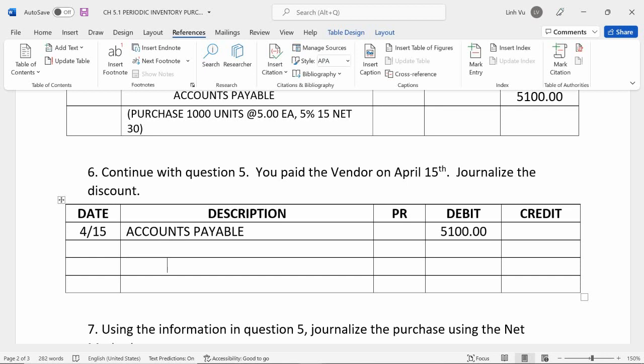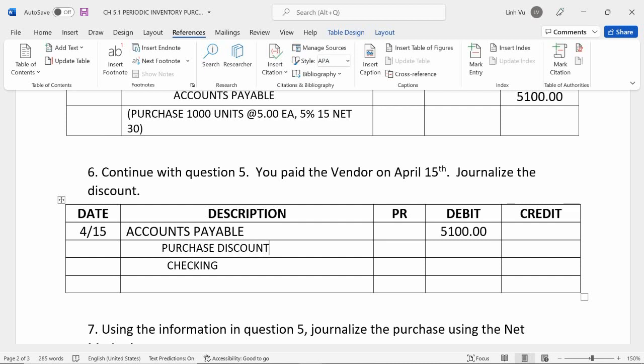The discount. I need to recognize the discount. Now, what do I call that account? Right? Purchase discount, because I got the discount.